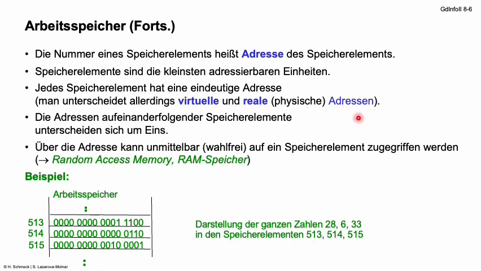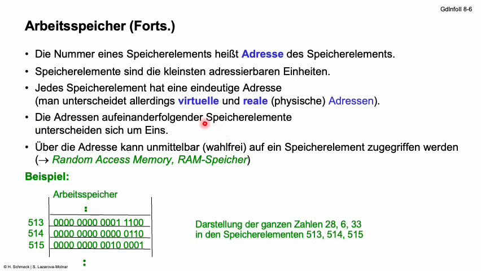When you program, the program generates logical or virtual addresses, and these are then mapped to physical addresses through the memory management unit. You don't really deal with this very much, but this is what exists in the memory and how it is numbered. The addresses of successive storage items always differ by 1, so they are consecutive.